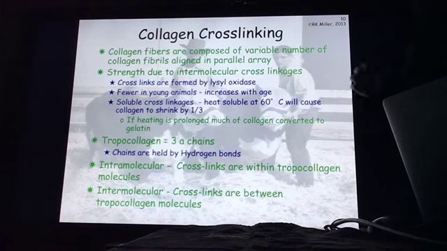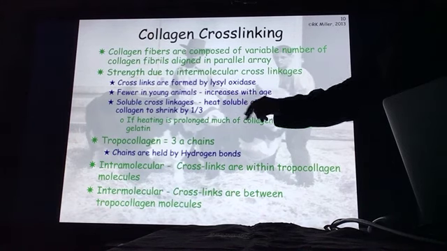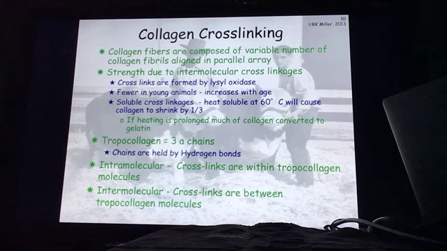All cross-links, whether intra or inter, are first formed with lysyl oxidase, and they're soluble cross-links. And the second step also uses lysyl oxidase, and there is an oxidative deamination.